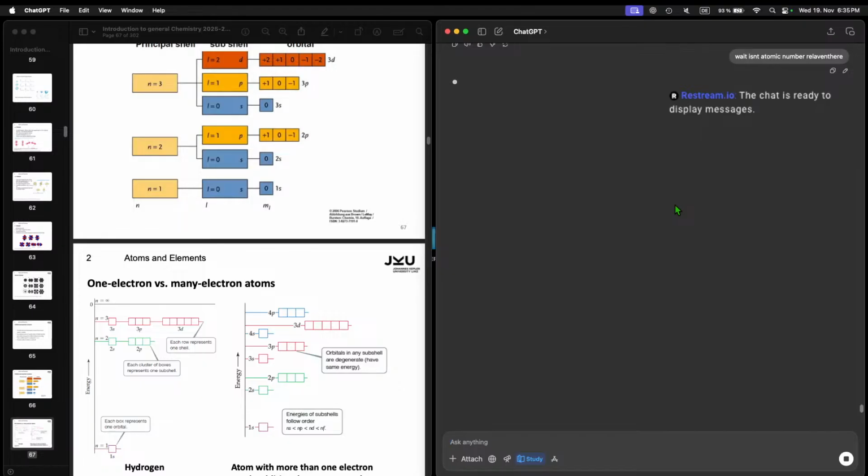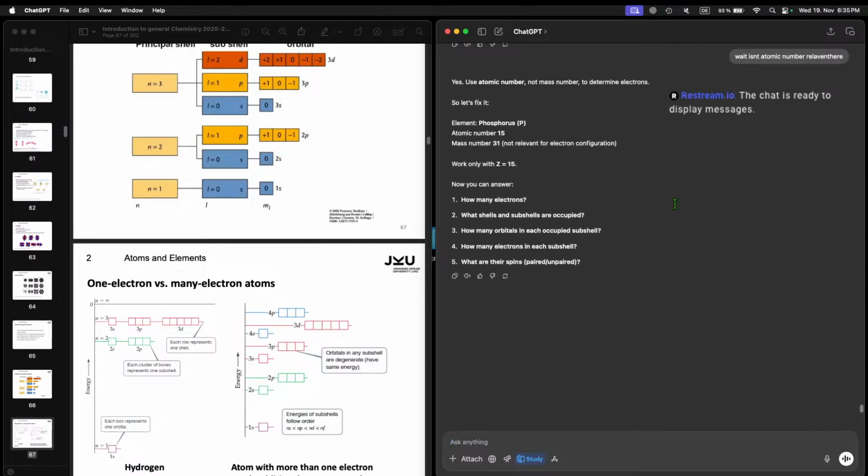1s, 2s, 2p, 3s, 3p, 3d, 4s, 4p, 4d, 4f, 5s. Okay.